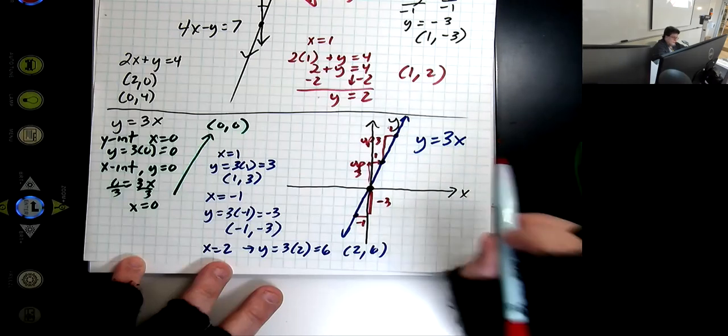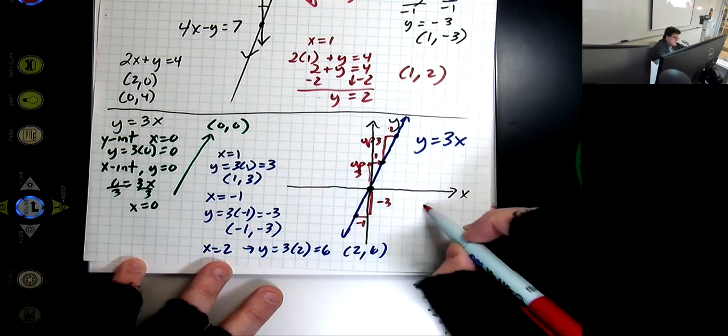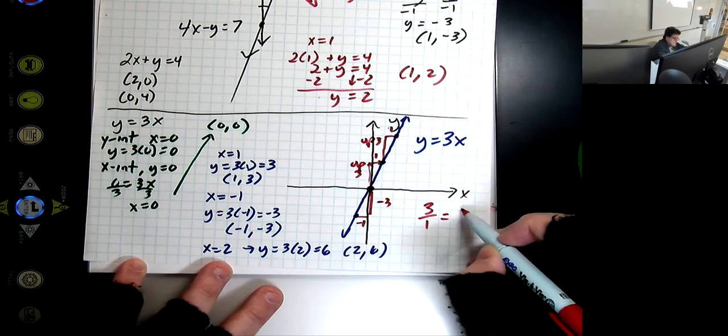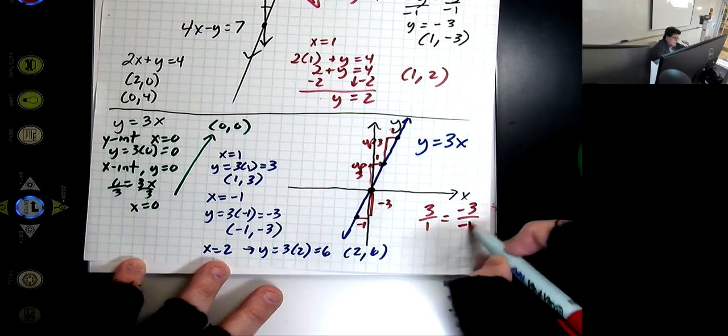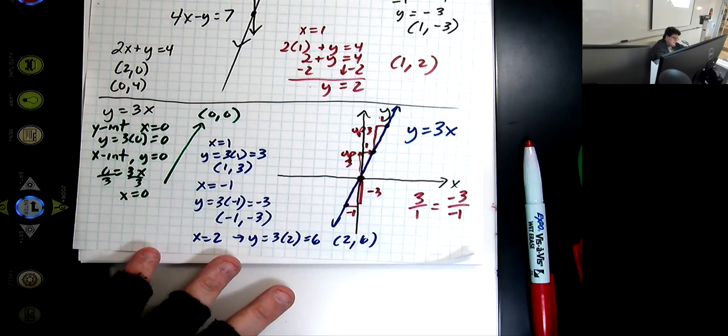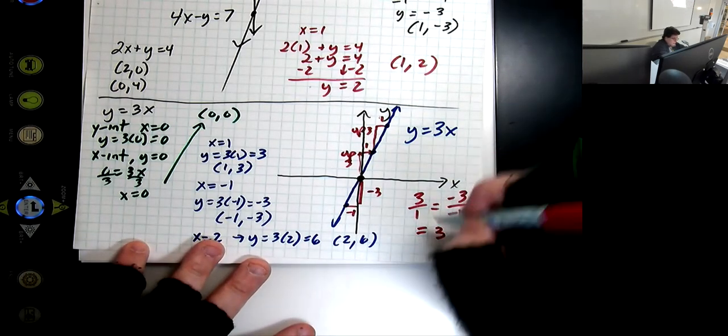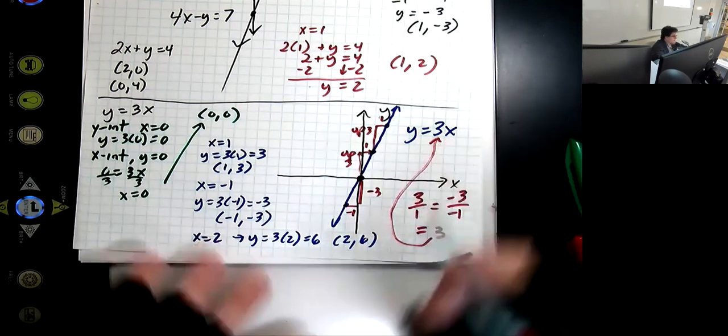There's a reason for that. 3 and 1 is the same thing as -3 and -1 if we divide them. And both of those equal 3, which is that number right there.